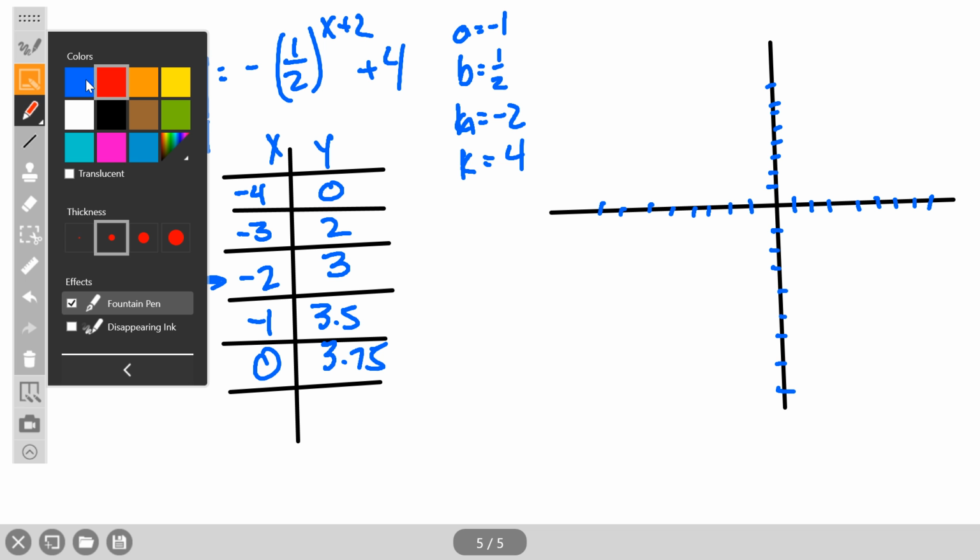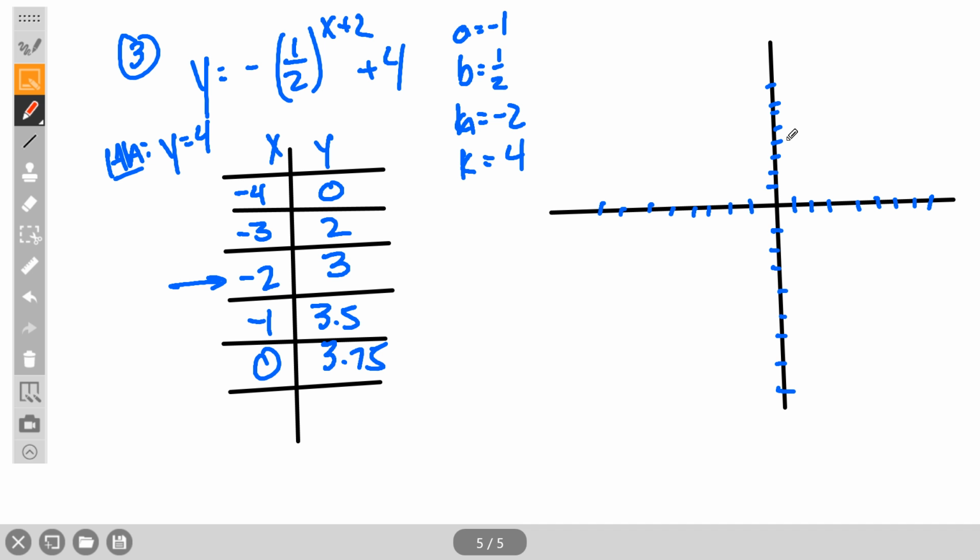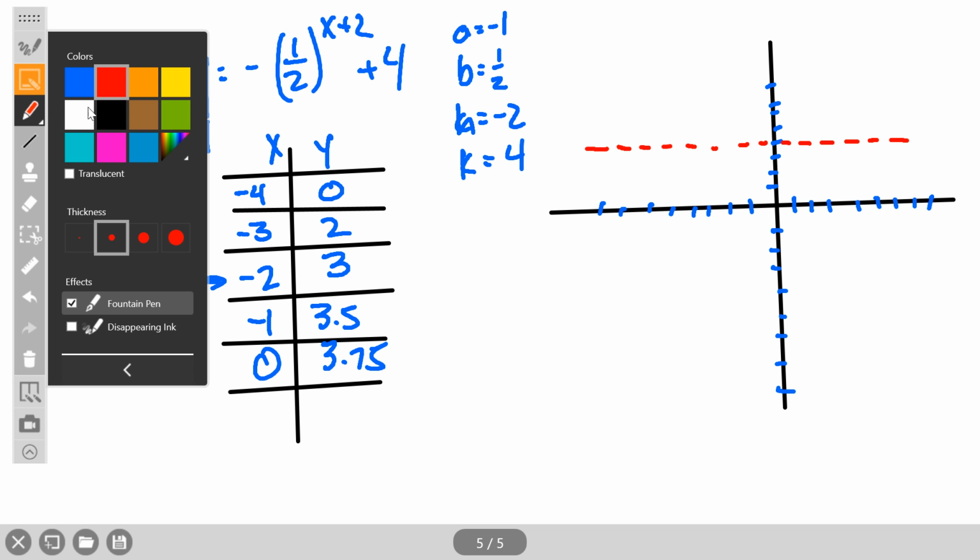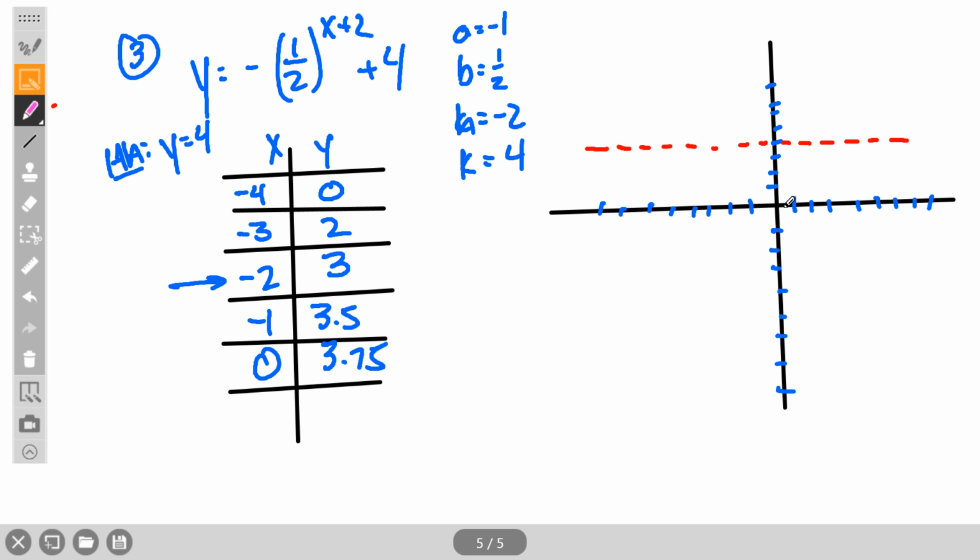The asymptote is at 4. -4, 0. -3, 2. -2, 3. -1, 3.5. And 0, 3.75. So it looks like this.